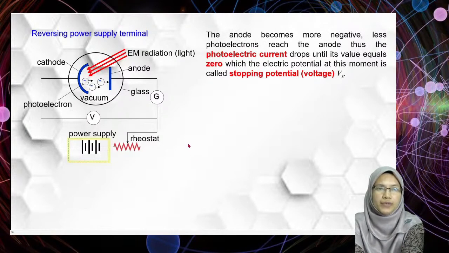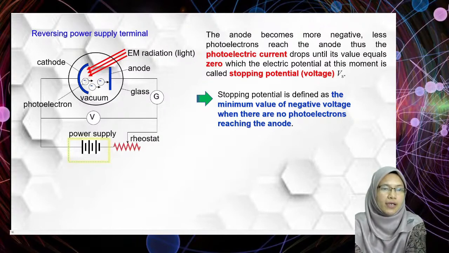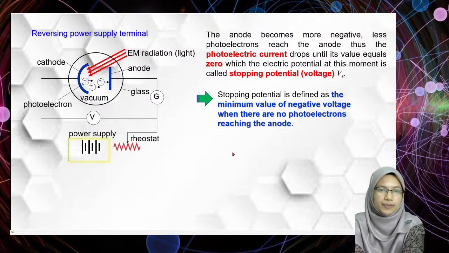It will make the photoelectric current drop until its value equals zero. At this moment we call it the stopping potential, or Vs. So stopping potential, Vs, we can define as the minimum value of negative voltage when no photoelectron reaches the anode.